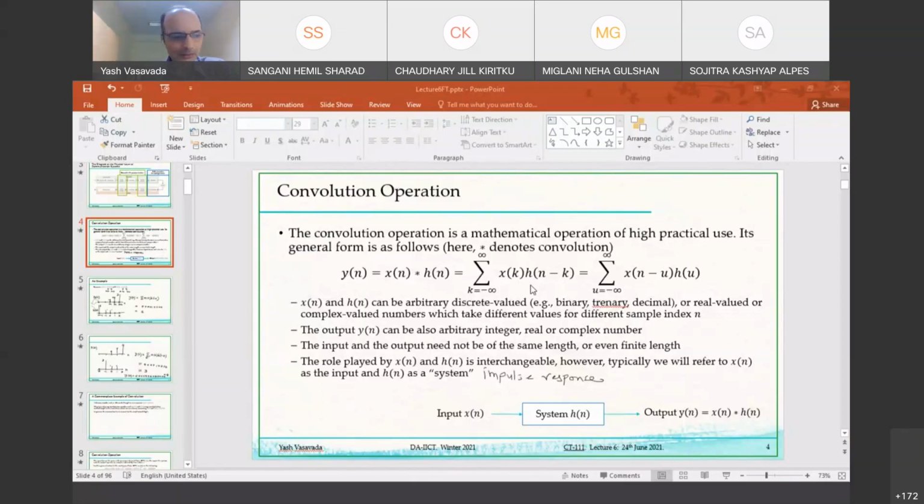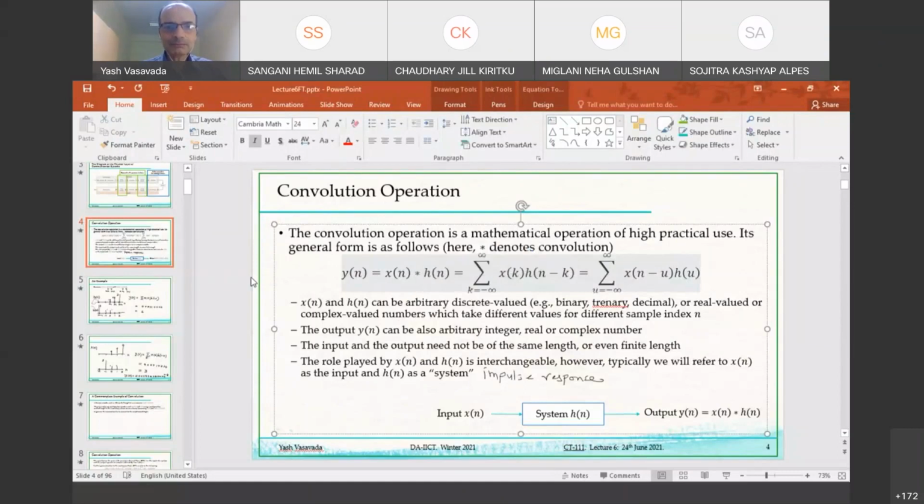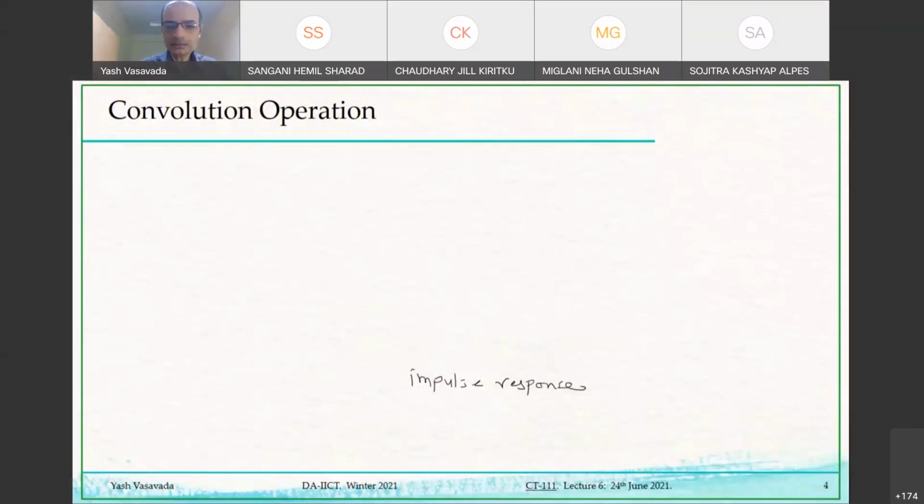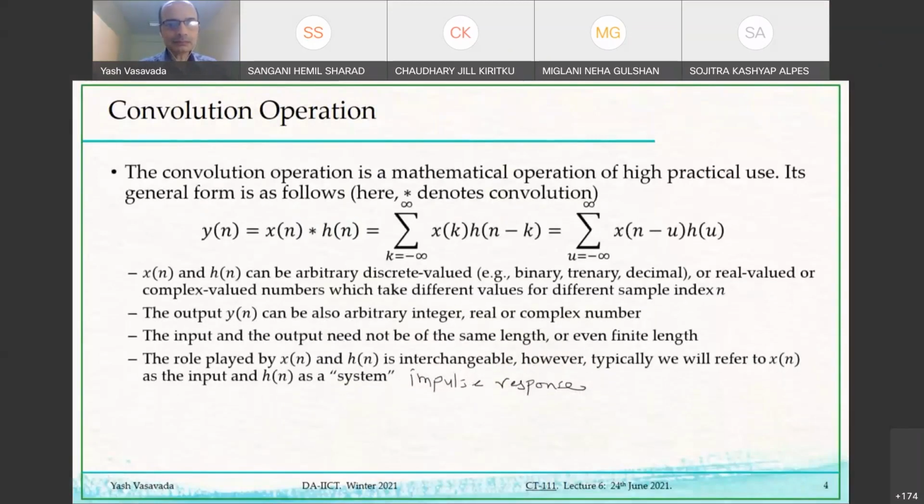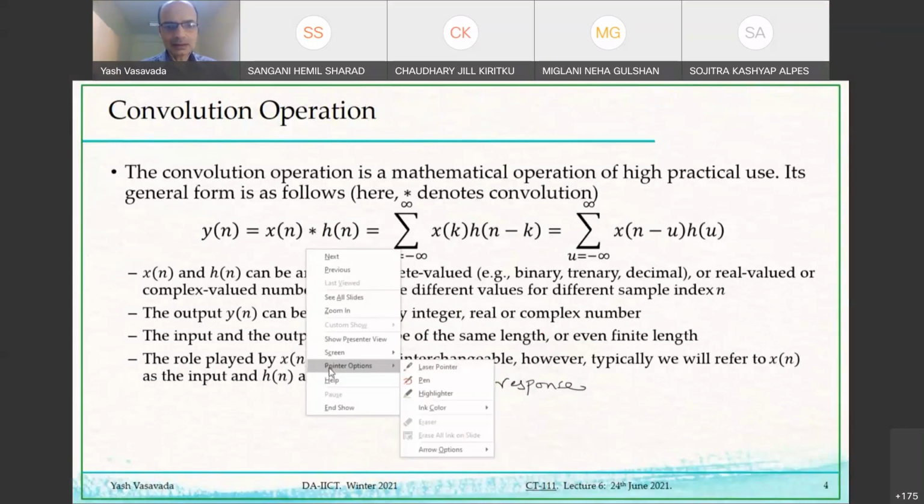But in terms of the notations, typically when you open up a textbook or read a paper, this h variable is reserved for what is called the system.